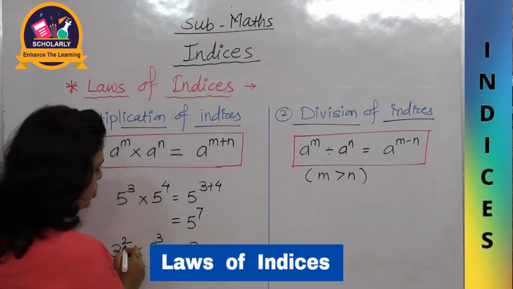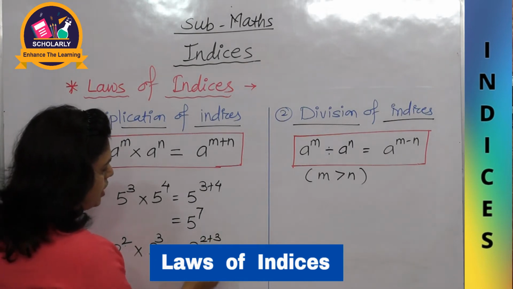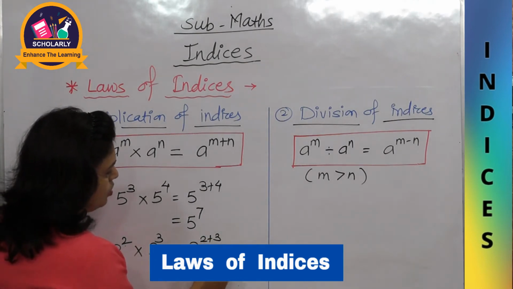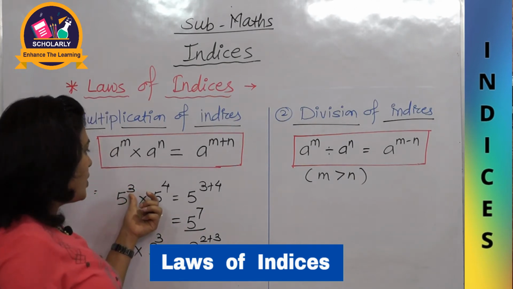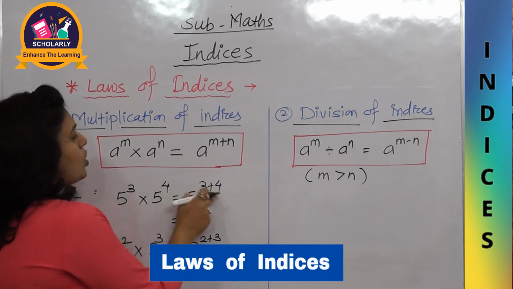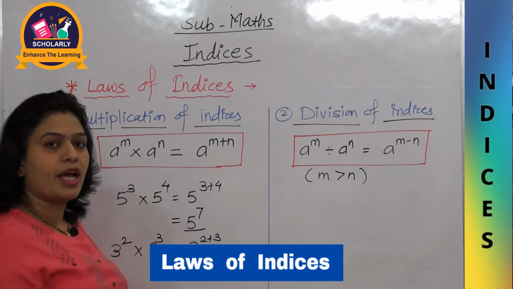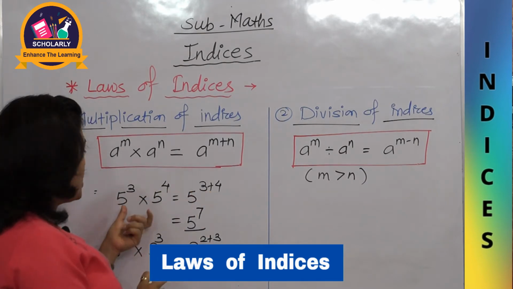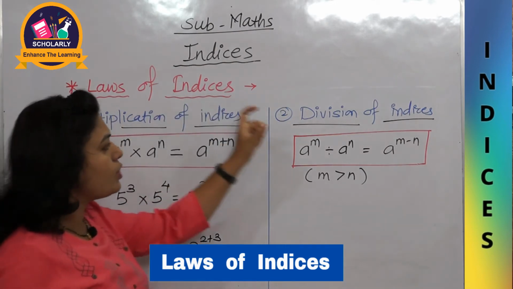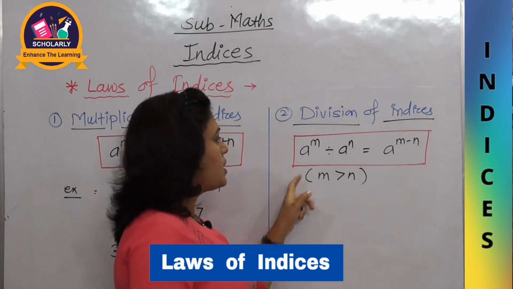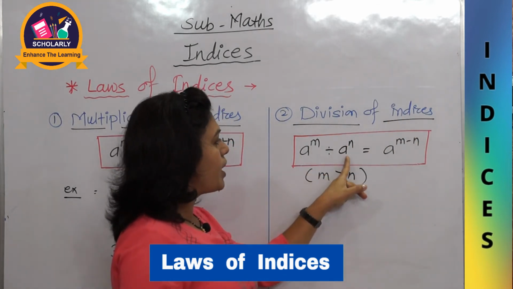3 raised to 2 plus 3, that is 3 raised to 5. In this way, the powers or the indices got added when we multiply two index form numbers with the same base. This is the first law of indices. Second law of indices is a raised to m divided by a raised to n.